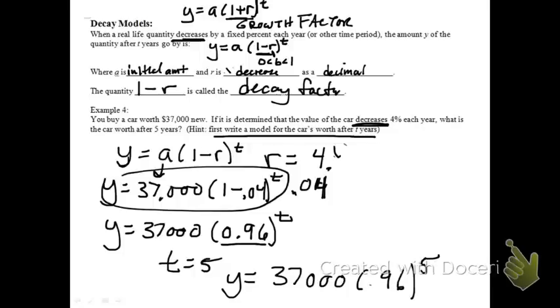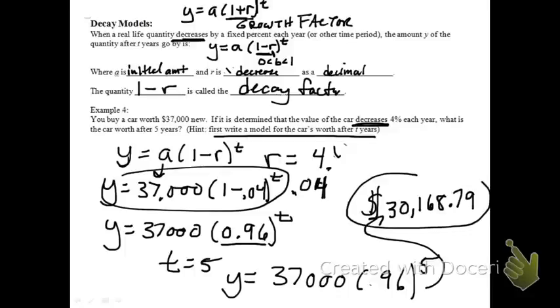And if you put that into your calculators, 37,000 and then 0.96 raised to the 5th, to the nearest penny, the car's value has gone down to only $30,168.79 if we were going to be that picky about going to the nearest penny. So the car's value has decreased roughly $7,000.